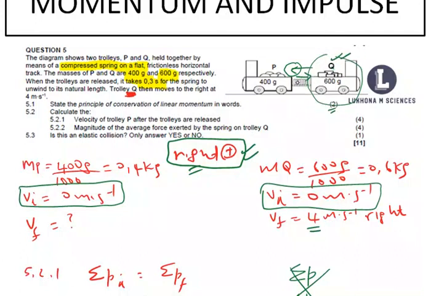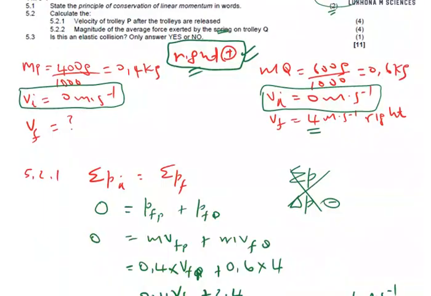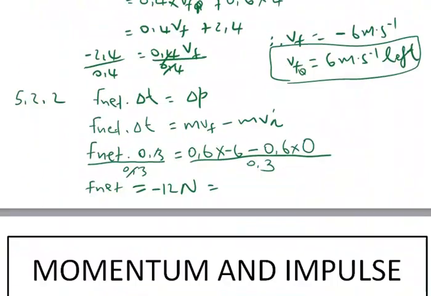But we are looking for the force exerted by the spring on Q, which means we are going to leave a positive answer there. So the answer is 12 newtons to Q, to trolley Q, right? Let's go to another question.